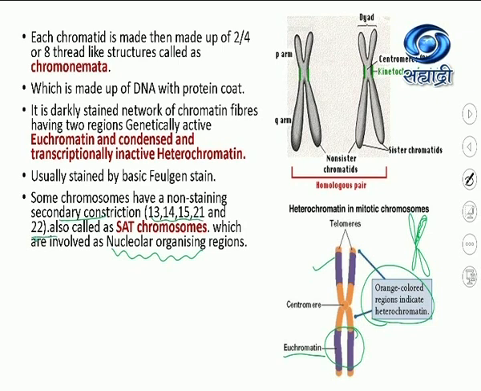Only autosomes 13, 14, 15, 21 and 22 are SAT chromosomes having the nucleolar organizer region, which plays an important role in synthesizing the nucleolus. Not all chromosomes have the SAT chromosome. I hope you are getting these points clear.